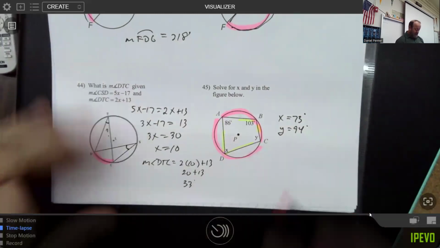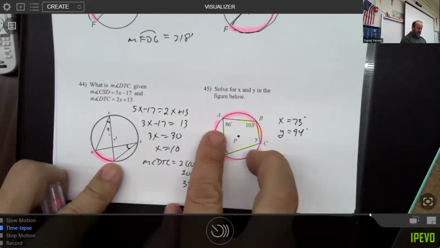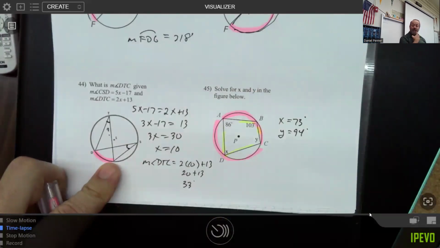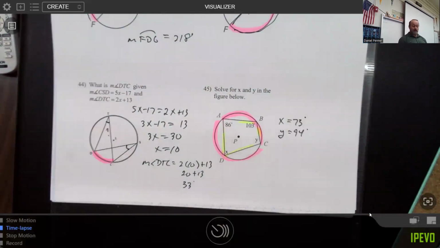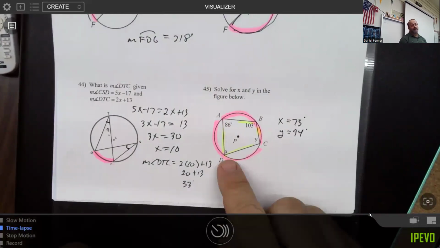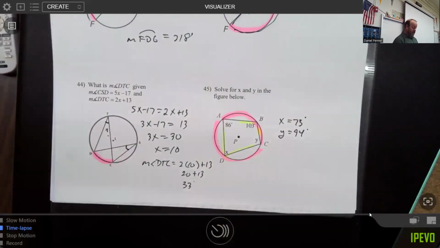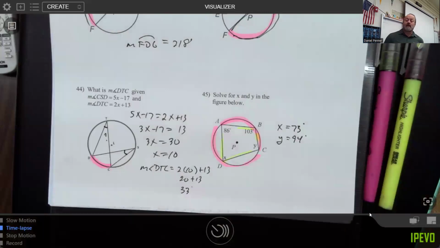So if you notice what happens, these two angles open up in such a way that they should be half of what they intercept, but together they intercept the entire 360 degrees. And so if the angle is half of the arc, half of 360 would be 180 degrees. And that means they have to be taking care of the whole circle.